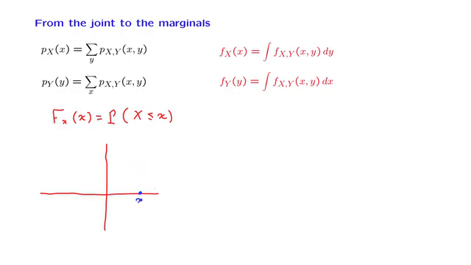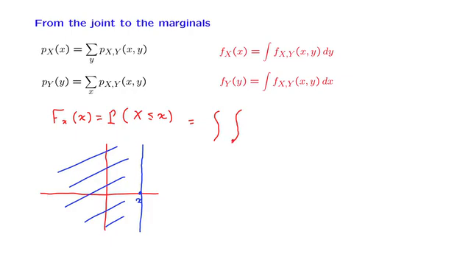If here is the value of little x, then we're talking about the set of all pairs xy for which the x component is less than or equal to a certain number. So we need to integrate over this two-dimensional set the joint density. So it will be a double integral of the joint density over this particular two-dimensional set.